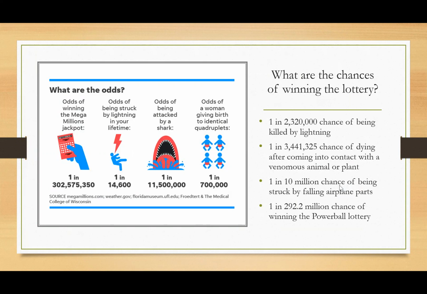The chance of dying after coming into contact with a venomous animal or plant is 1 in about 3.5 million. And then it continues that way. So you can just see that the actual chances of winning the lottery, especially the big jackpots, is very, very small. And so when you compare it this way, you might rethink buying that lottery ticket.